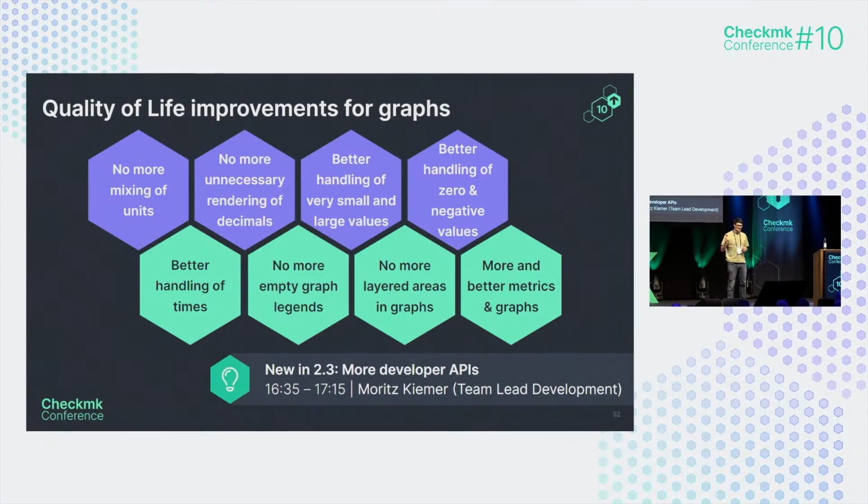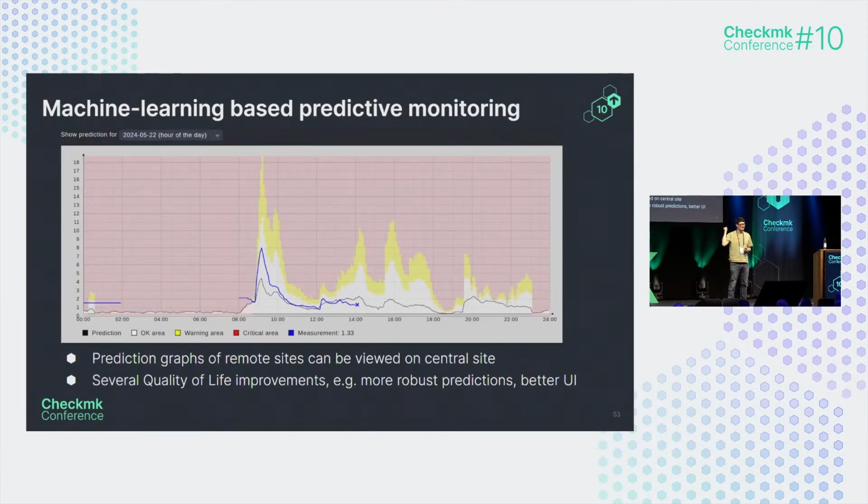And besides the graphs, who of you knows these graphs in Checkmk? Yeah, some. They look very different, and they are the predictive monitoring graphs. Besides the standard graphs, we have also them. You need to enable them, and then when you have them enabled, they are a different part of the Checkmk UI.